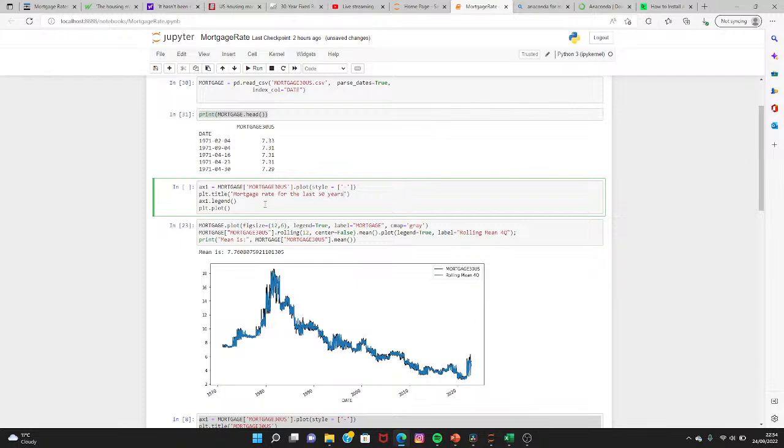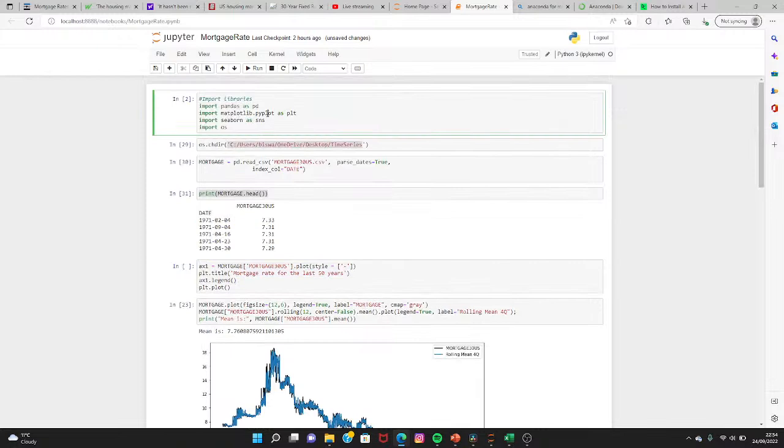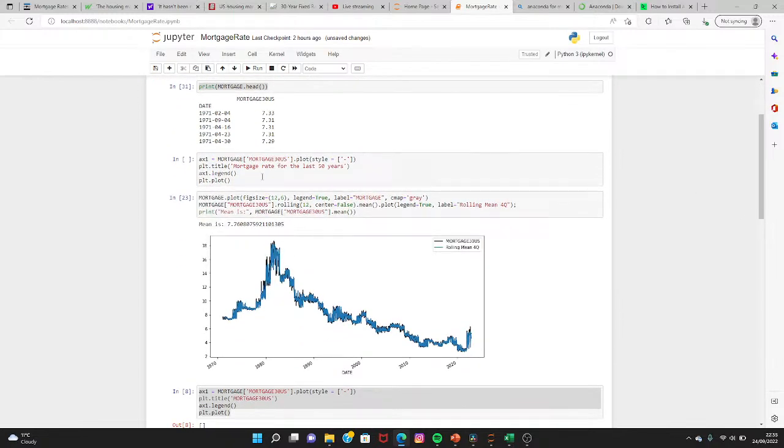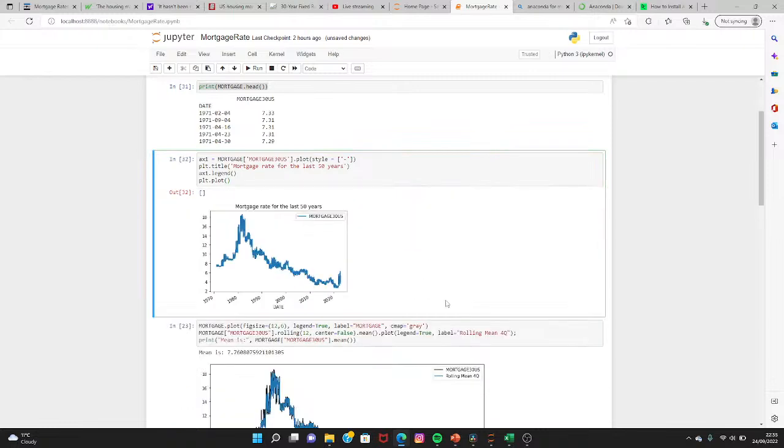You can give any title you like, and then you have plt.plot. plt means your matplotlib, so you're using matplotlib here. We imported matplotlib.pyplot as plt, which means from here onwards we're not going to write matplotlib.pyplot, rather we'll use plt. It's a short form, the industry standard, so you can also use it. We'll run it, and here you go.